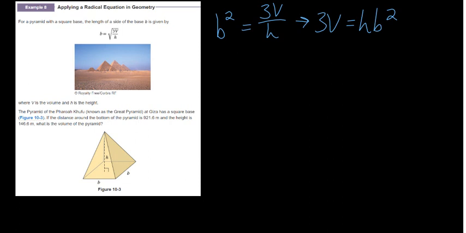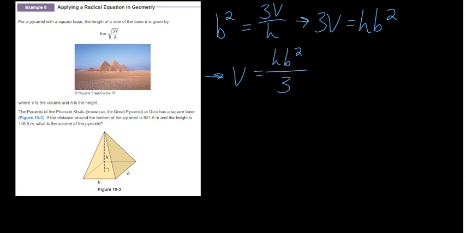And then if we solve for V, we'll have V is equal to hB squared divided by 3. And so that is the new formula for the volume.